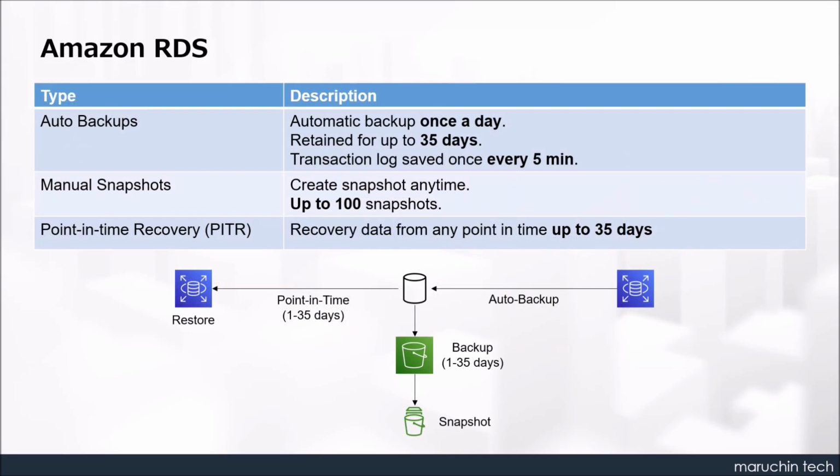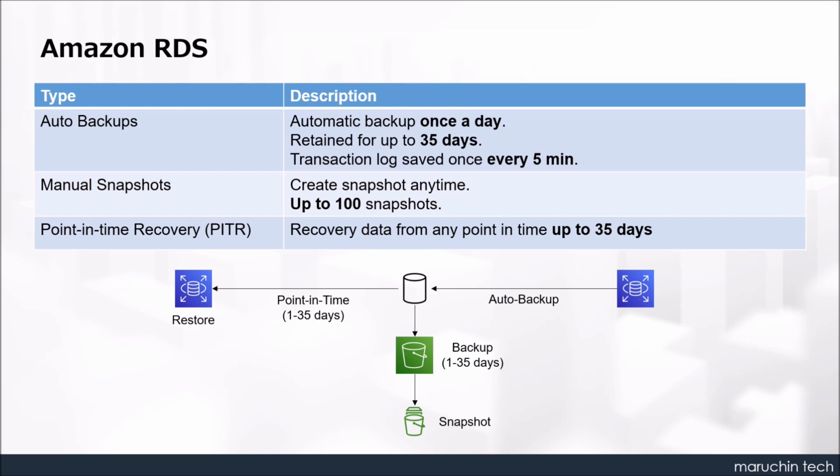Regarding backups and restoration, it supports automated backups once a day with a retention period of up to 35 days. You can also take manual snapshots at any time, keeping up to 100 snapshots. It supports restoring data from backups and snapshots, as well as point-in-time recovery.